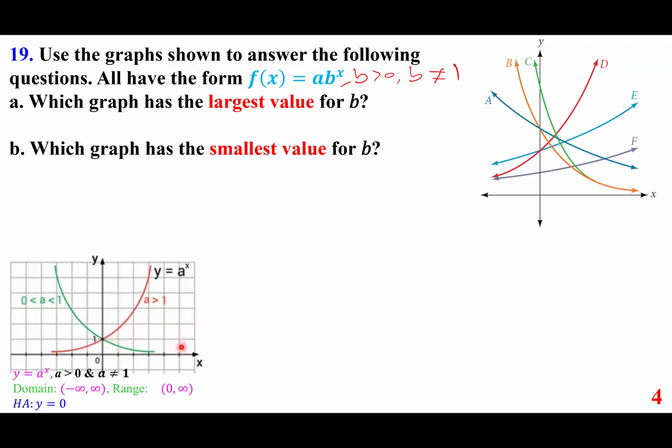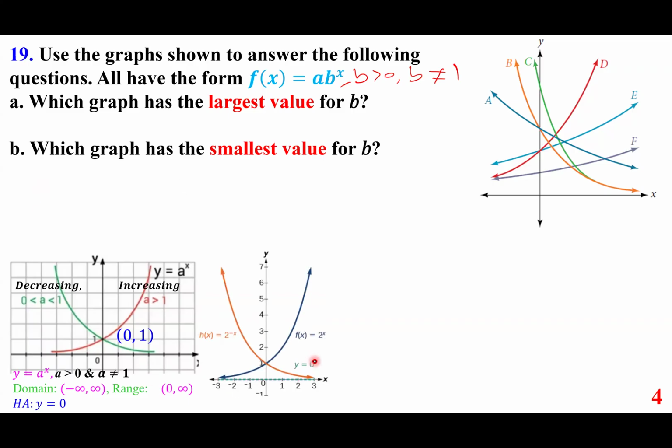So what is this x-axis? That is the horizontal asymptote, which has the equation y equals 0. The y-intercept is located at (0, 1). Increasing, decreasing. So for example, 2 to the power of x versus 2 to the power of minus x.